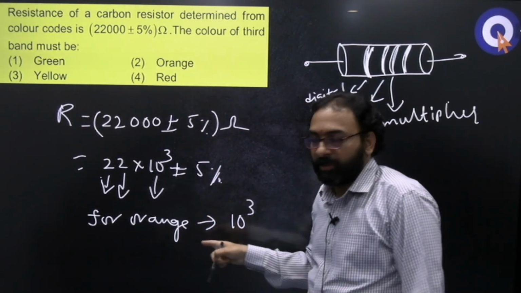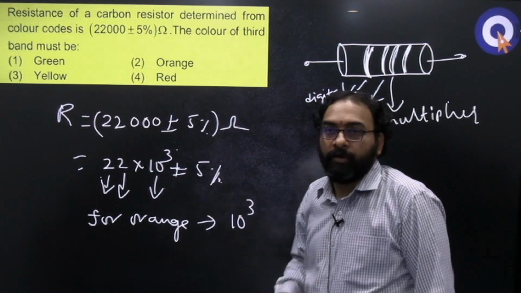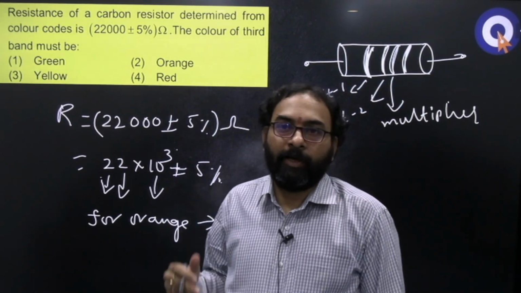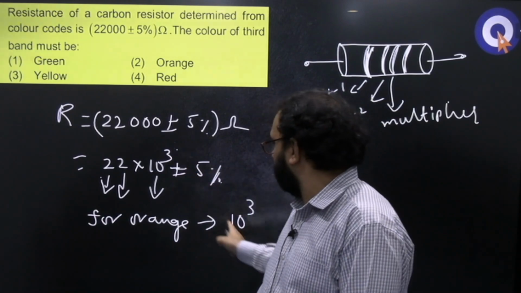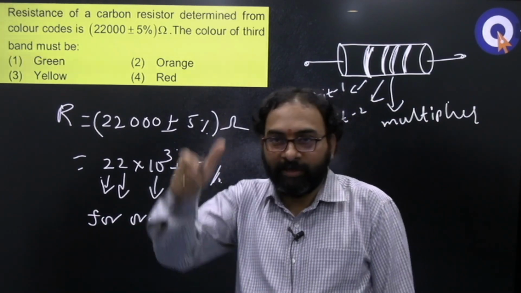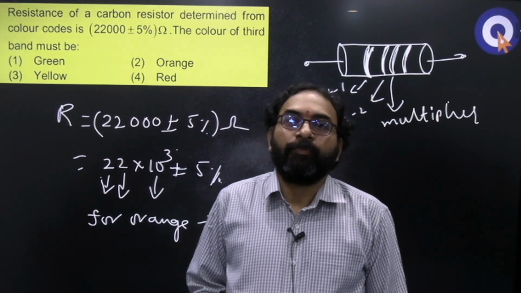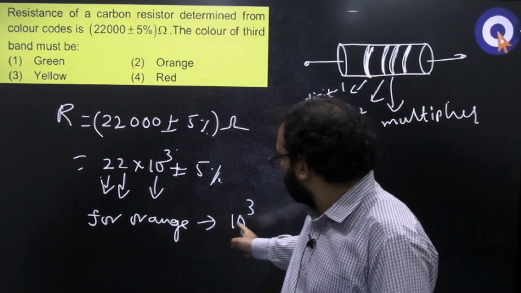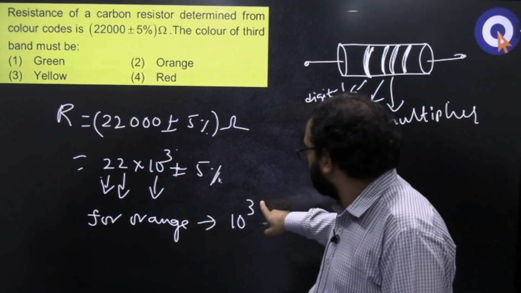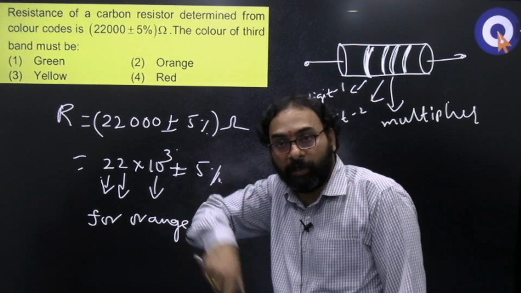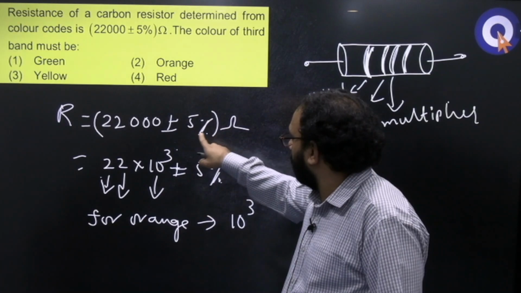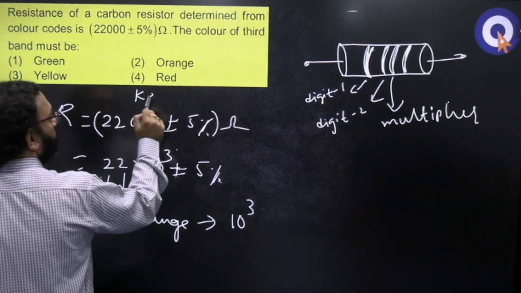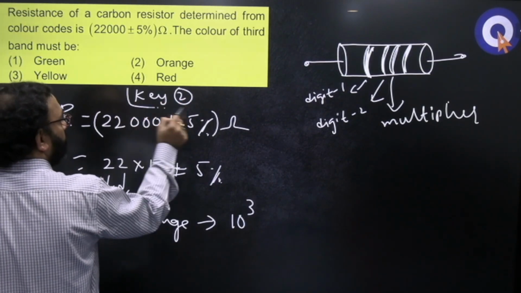But how do I know that it is orange? 10 power 0 is one color, 10 power 1 one more color, 10 power 2, 10 power 3. So 10 power 3 is for orange. As per the list which you all know, we can conclude that this orange color has 10 power 3 as a multiplier. This is the tolerance, 5% is the tolerance. Second option.